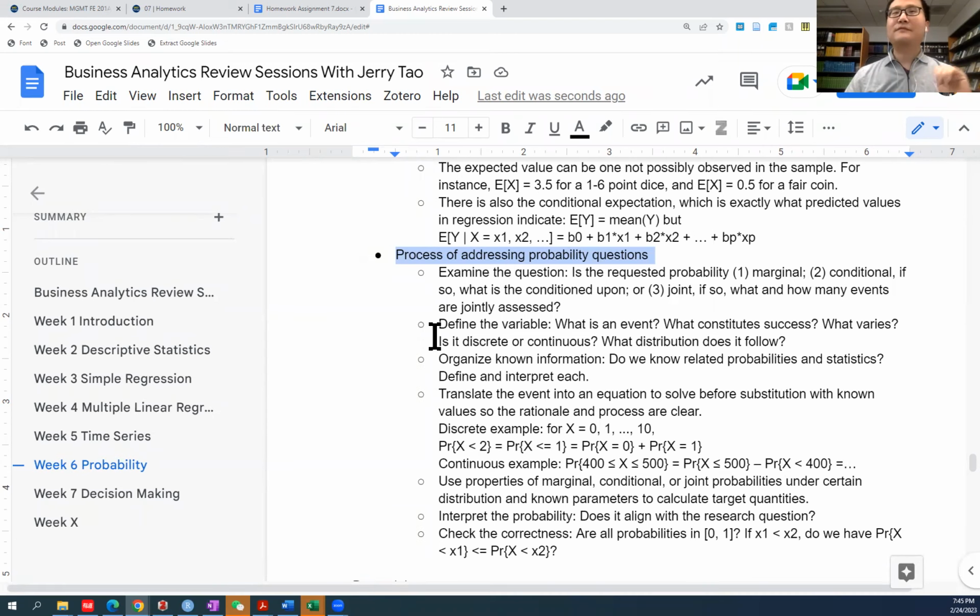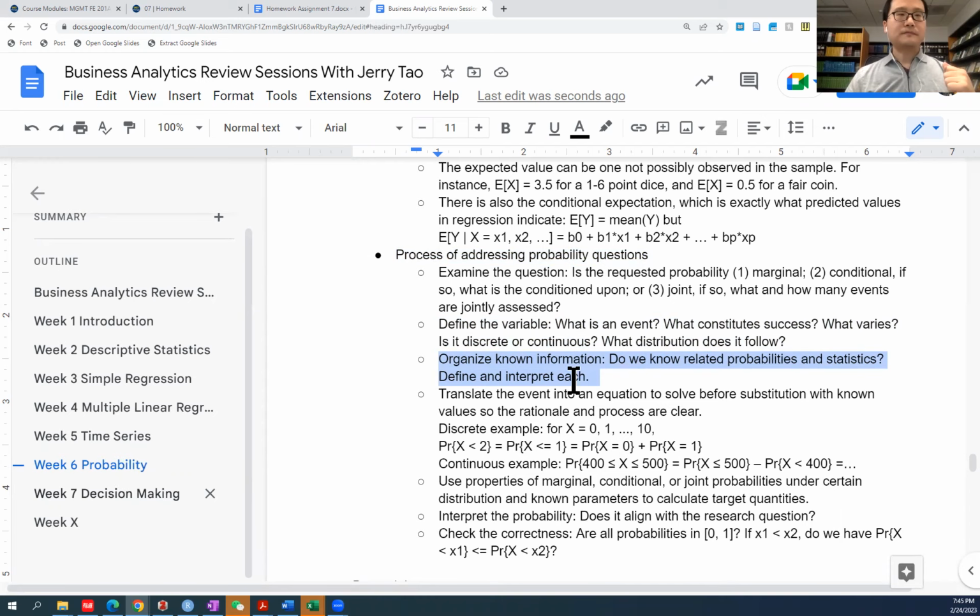Particularly important is that first we need to understand what variable we are calculating the probability for. Defining the variable differently would lead us to different approaches to the same question. Then we organize known information, what we know about the distribution and statistics. Then we calculate further things.